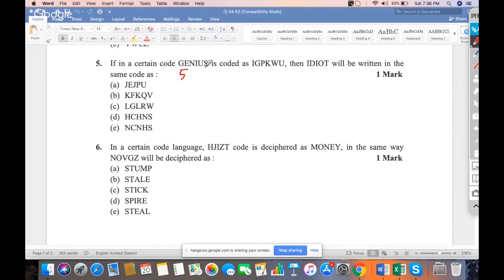This is 5, so this is becoming 7. Sorry, this is 7, so this is becoming 9. This one is 5, so this is becoming 7. This one is 14, so this one is becoming 16. It means that it is plus 2. So IDIOT plus 2 I will do.